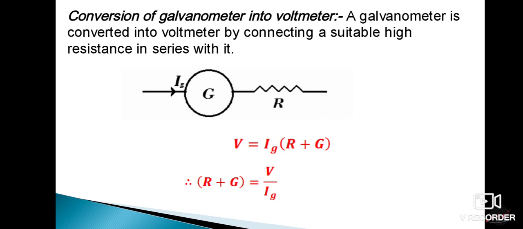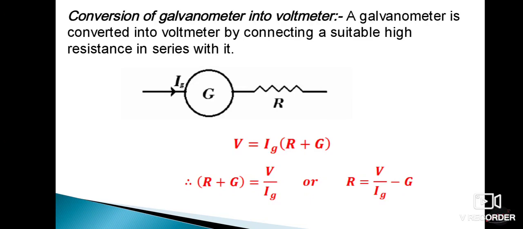Therefore, R plus G is equal to V by Ig. From this, how much high resistance is required? Therefore, R is equal to V by Ig minus G. From this we can calculate how much high resistance is connected in series with a galvanometer, and then our galvanometer will be converted into a voltmeter.